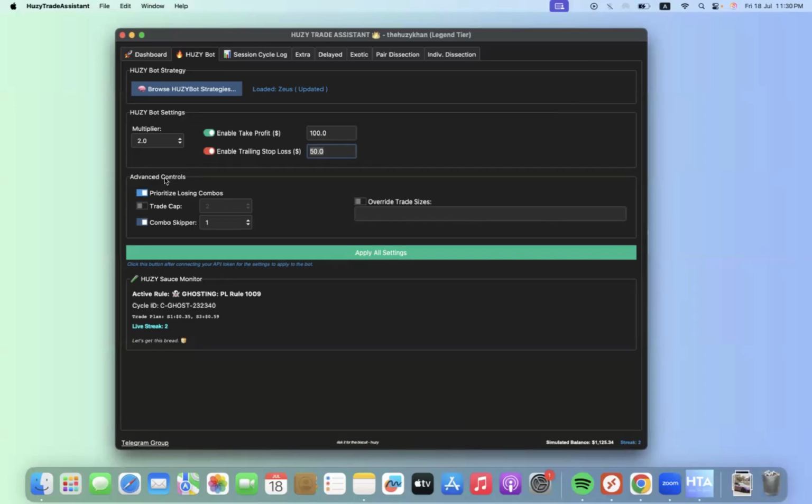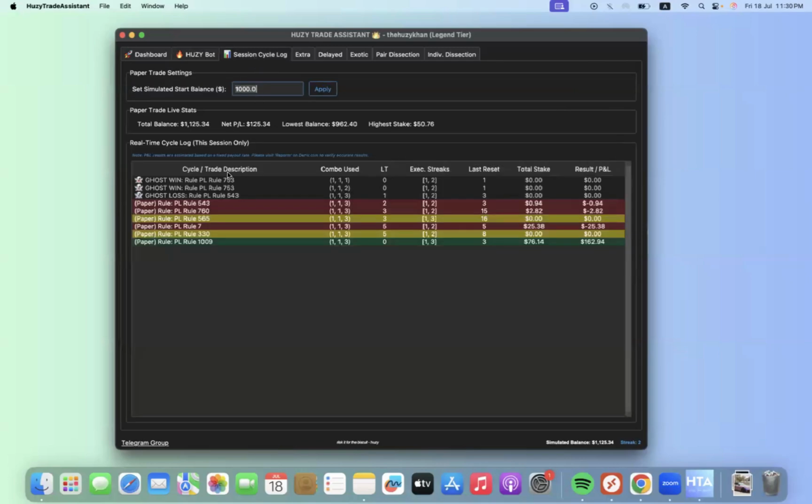Now, when it comes to the advanced controls, this is an example which I'm showing you right now, or rather, let me show it from here. Since you know that all of our rules have two execution streaks, and secondly, they are assigned a certain combo when they trade. Like for instance, this one was assigned the combo 111.